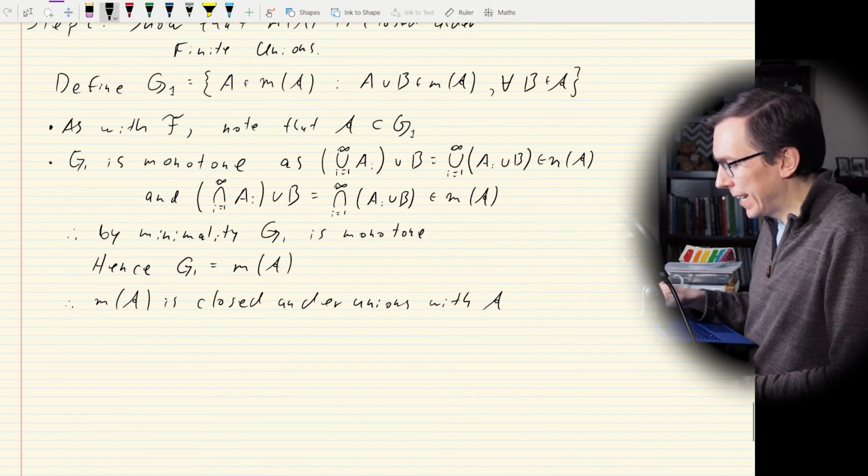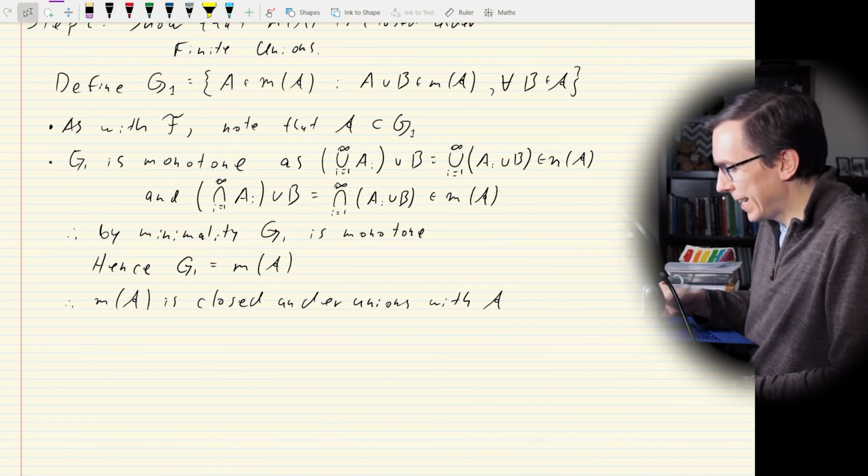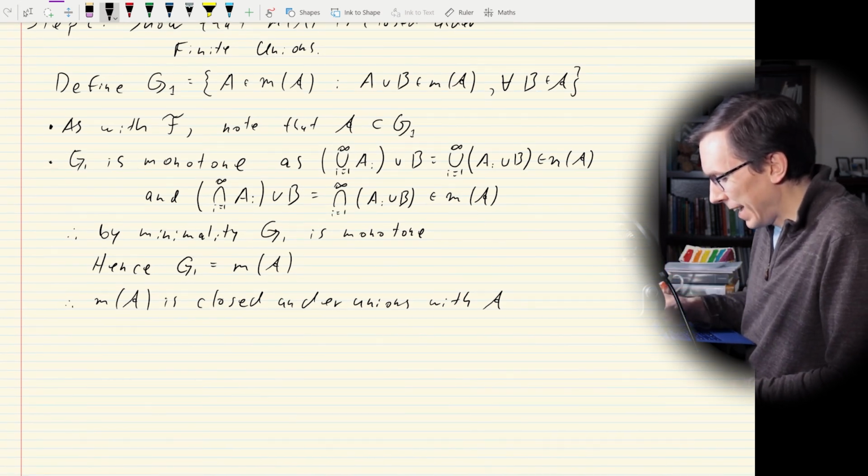So we're going to do that by bootstrapping our way up, and we're going to define G2.